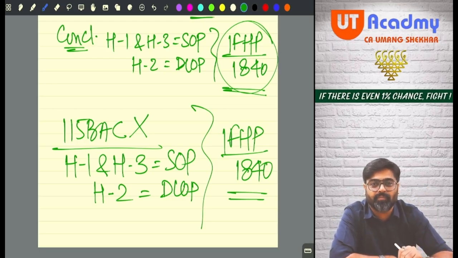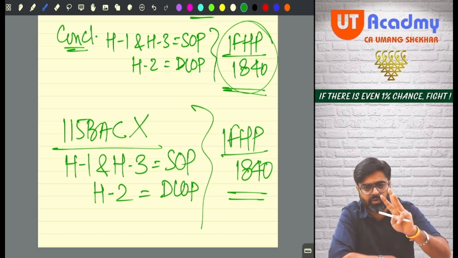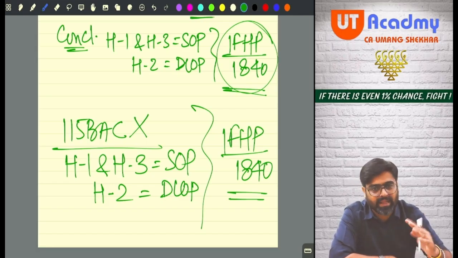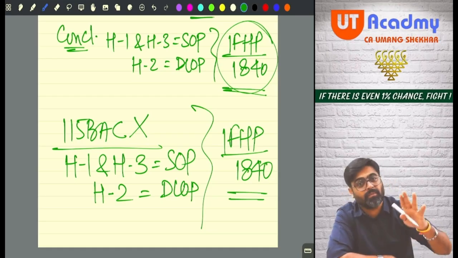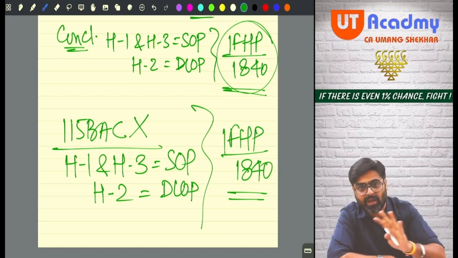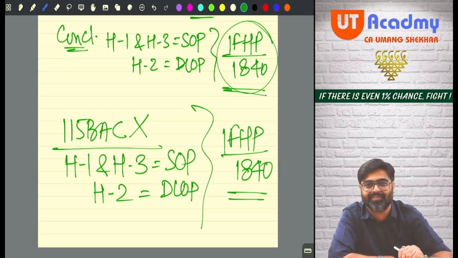Getting my point? But don't worry, at the most they will give you 3 properties only. And they are not going to ask you under both the schemes, default 115 BSE as well as no 115 BSE. They will ask you any one. And such a question will come for at least 6 to 8 marks. Getting my point? Sure.